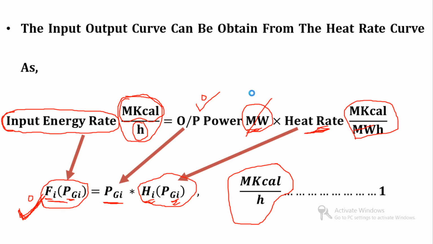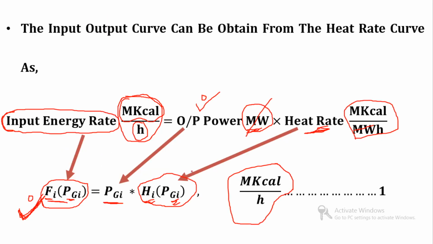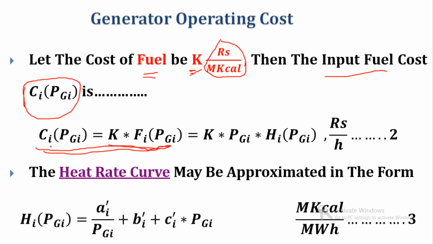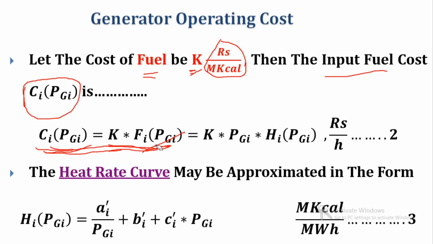Now if the cost is K rupees for 1 million kilocalories, then what will be the cost of this much million kilocalories? So I have to directly multiply the cost with Fi of Pgi, and that is why I have written Ci of Pgi is equal to K into Fi of Pgi. That is why this formula comes.